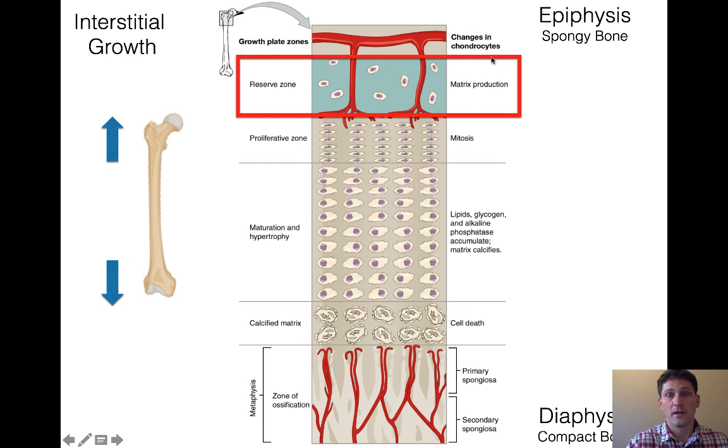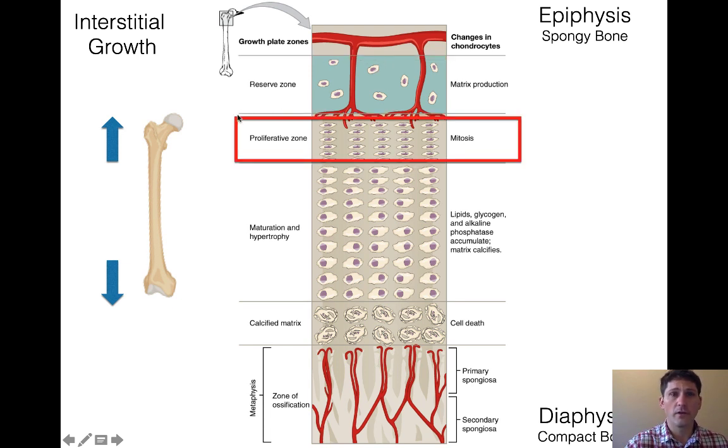On the right side, we're going to be looking at the changes in the chondrocytes only, okay? Now, if we look at our reserve zone, what we've got going on is just basic chondrocytes hanging out, maintaining their matrix, and we have chondroblasts that are going to be depositing a little bit of new cartilage up along this red line up in here.